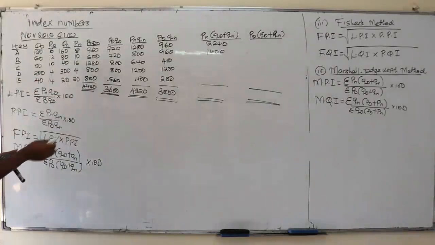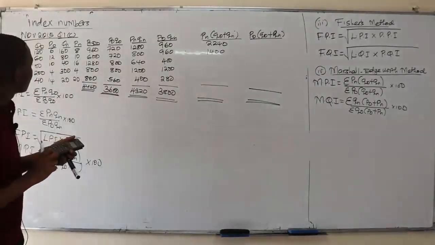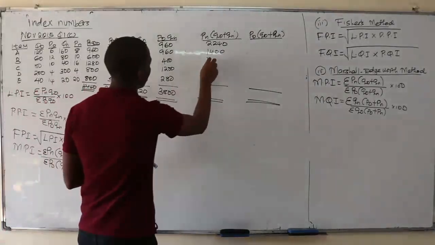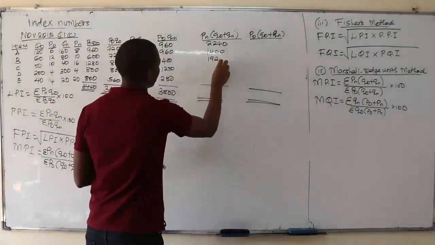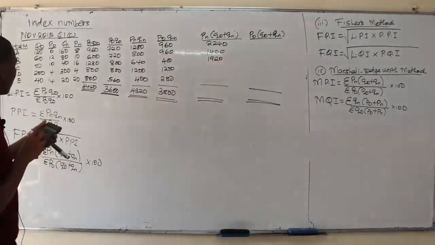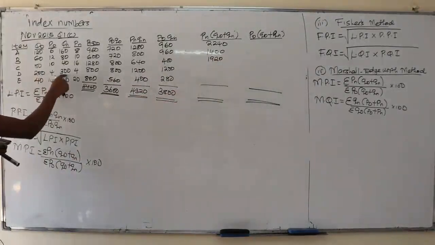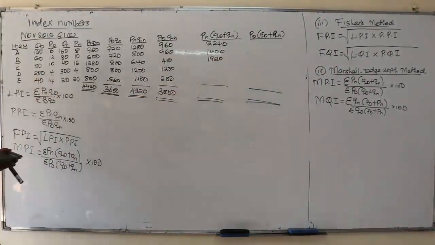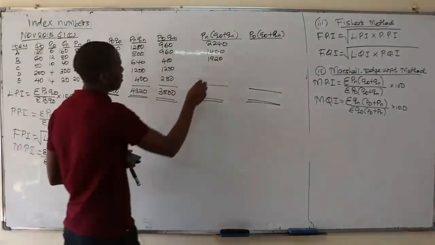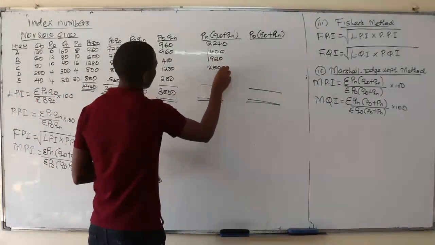You multiply by 16, which gives 1920. Then the other one, Q0 200 plus 300, 500, you multiply by 4 to get 2000.